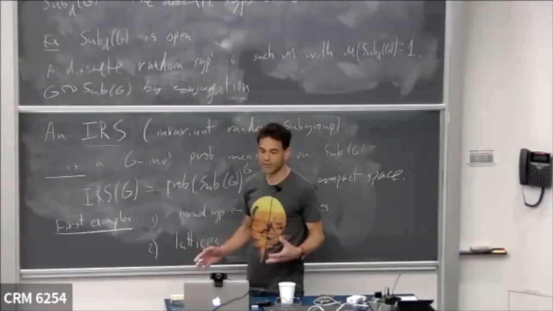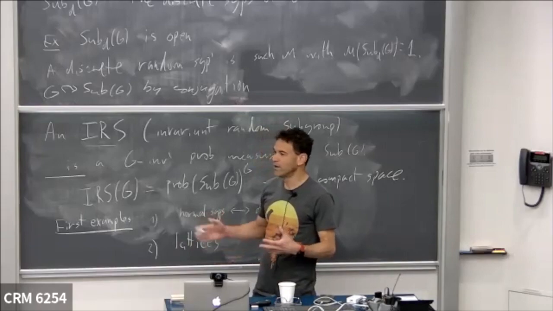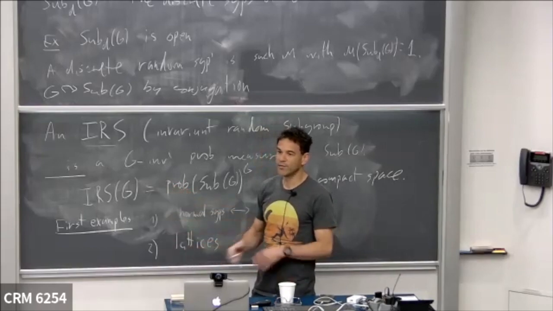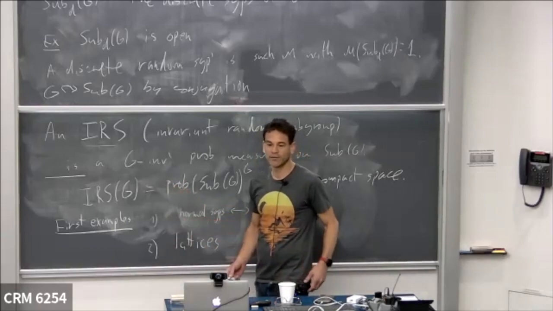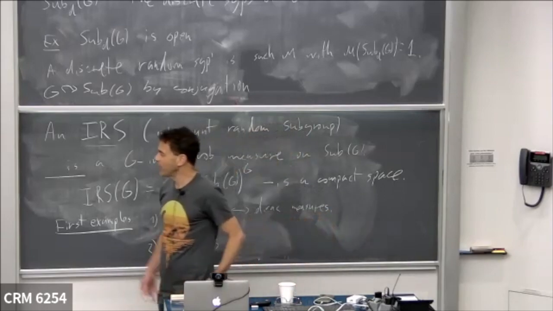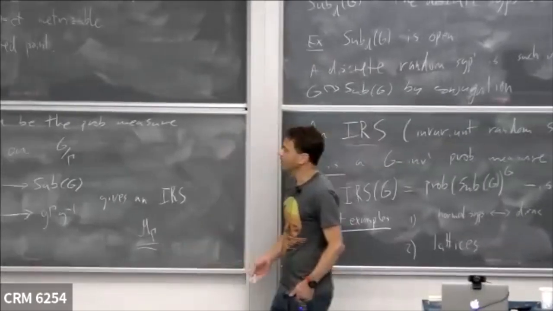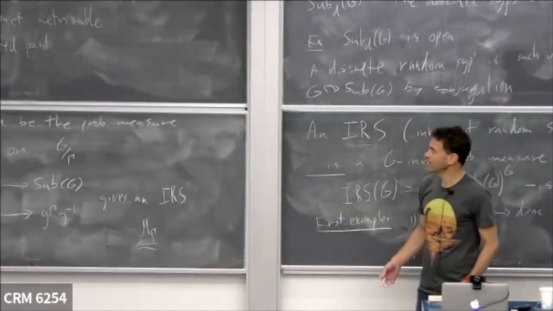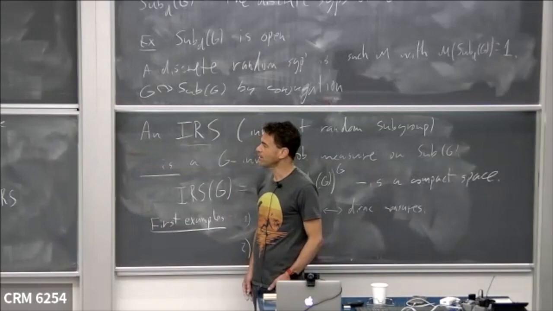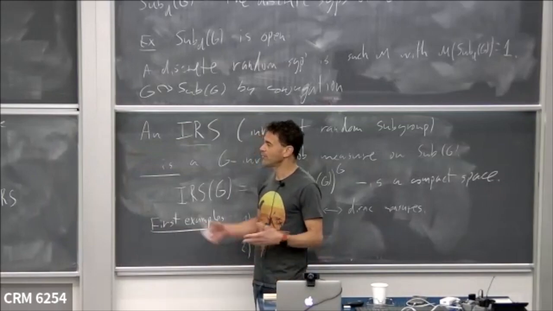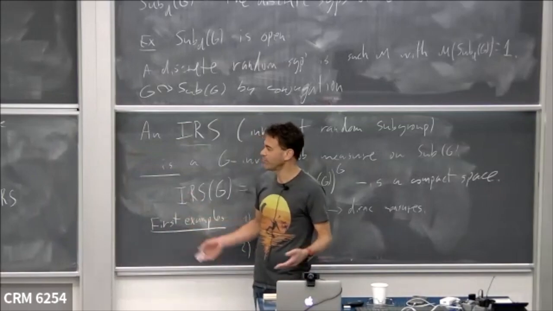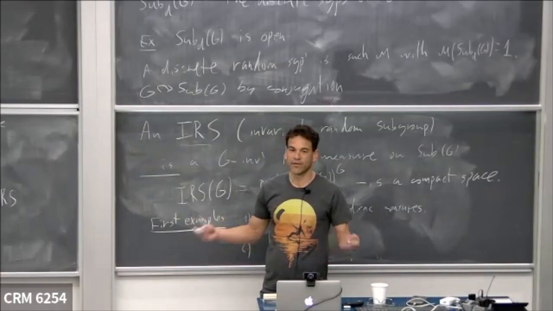It already says that it's something interesting, because any theorem that you prove for IRSs will apply to normal subgroups and to lattices. And once you see that it generalizes lattices, one thing to say is: we have a lot of theorems about lattices, so let's try to generalize them to IRSs.